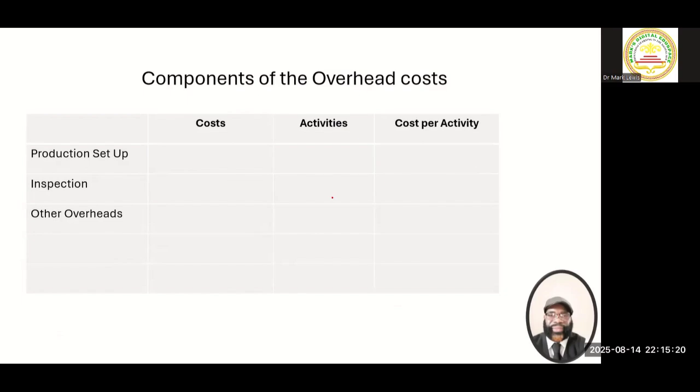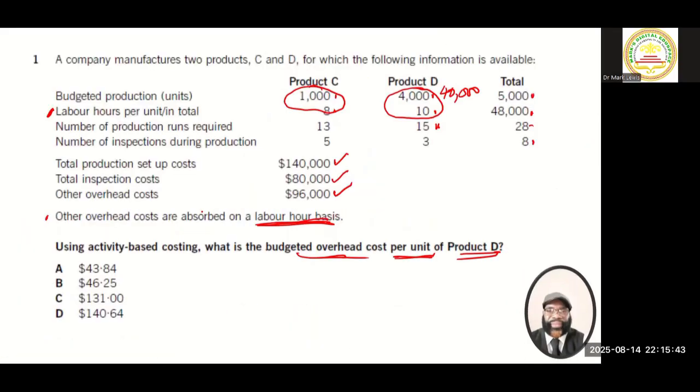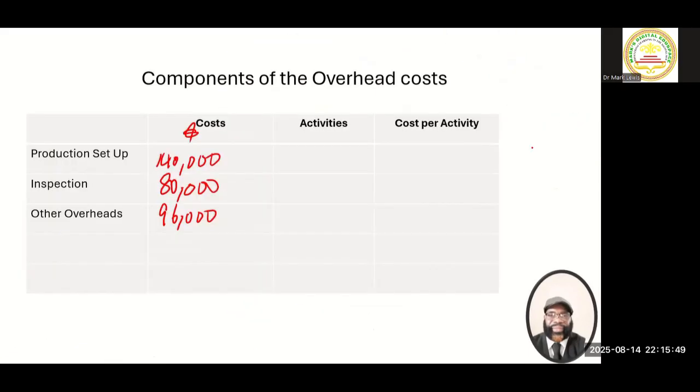So the production setup cost was given to us as $140,000. Inspection cost was given to us as $80,000. And other overheads was $96,000. The activities that were associated with those costs, if we take a quick look again at the top, we can see the activities are given to us in the end column there.